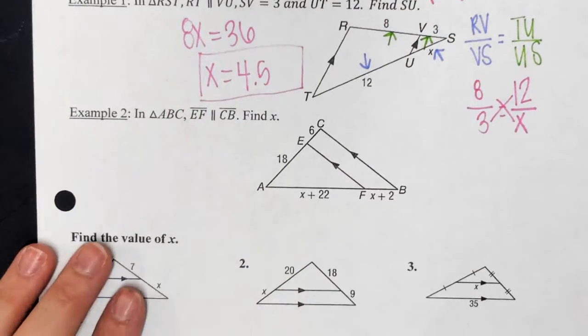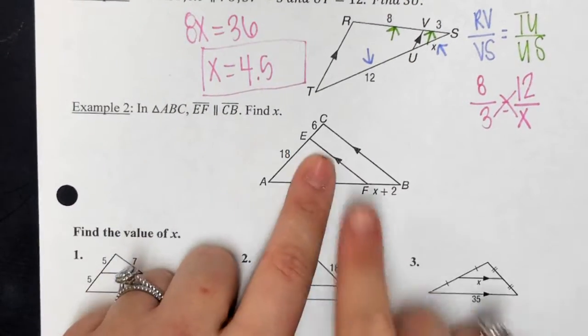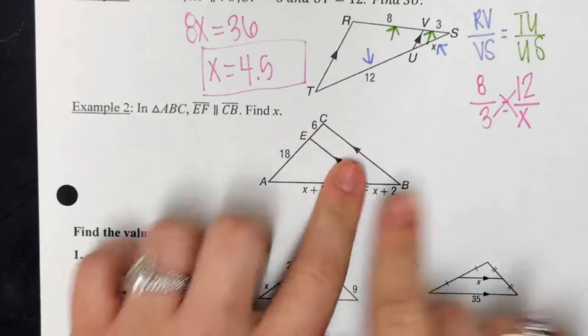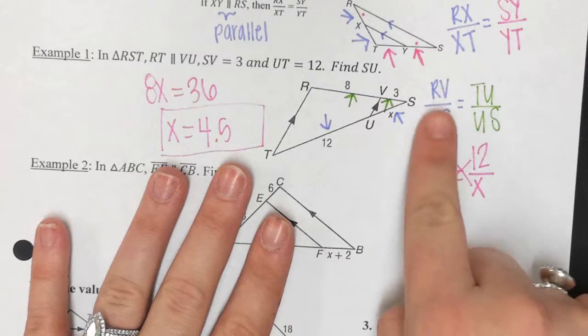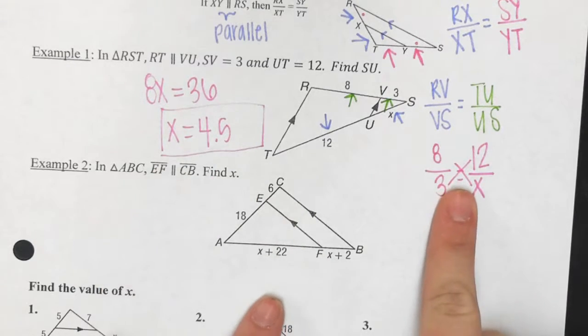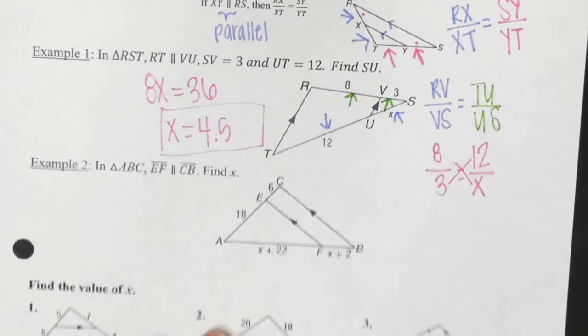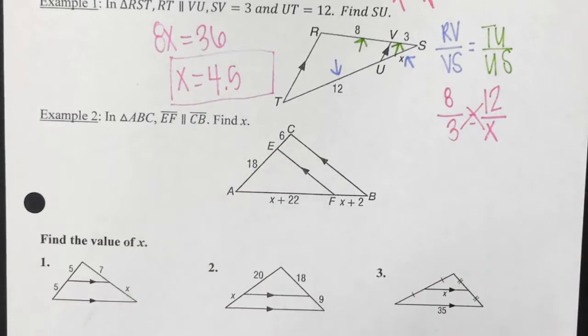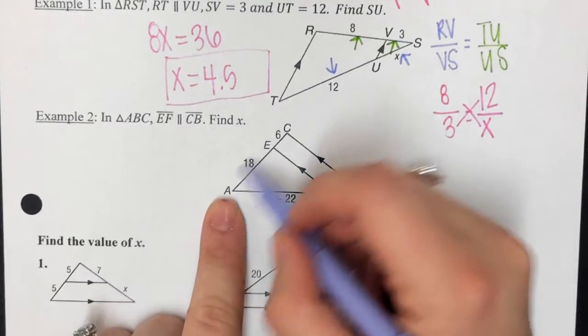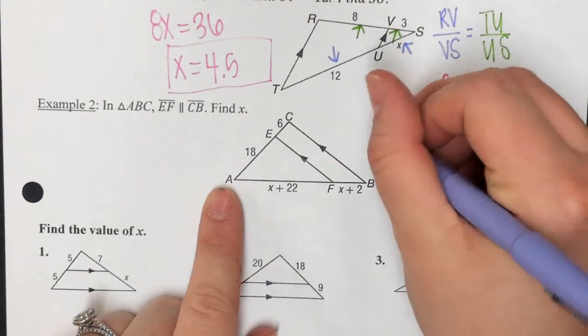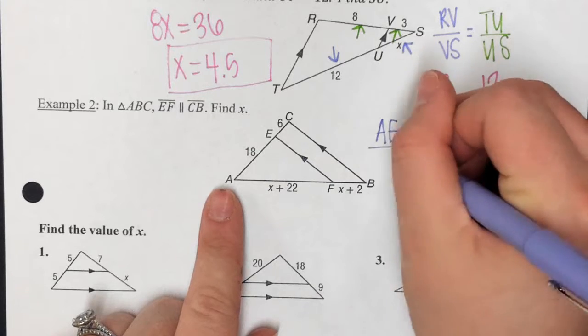Case number 2. EF is parallel to CB. Do y'all want to skip this part, or do you like to see me write out what can go where? No, the first part. All right. So, which part do you want to start with? Okay, you want to start with AE? Okay. AE, what goes on bottom?